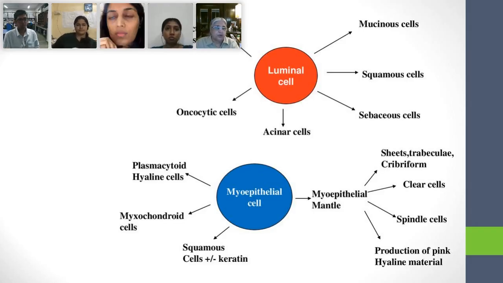You can get mitochondrite, you can get chondroid, sometimes even bone. They look plasmacytoid, and they show squamous differentiation, which is often keratinizing. Yeah, so you do get squamous differentiation in luminal cells, but they are usually non-keratinizing.